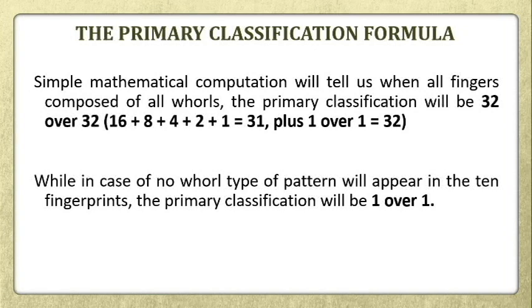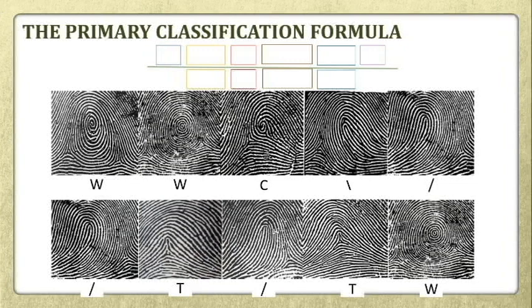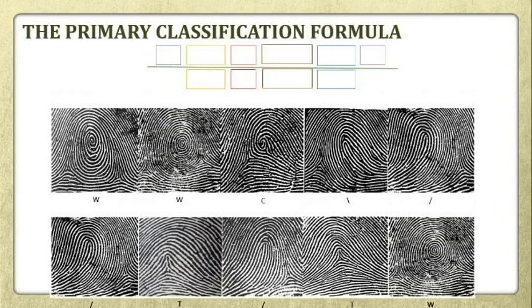However, if all 10 fingerprints that appear in your fingerprint card are whorl patterns, then your primary classification is 32 over 32. Now let us proceed to the classification of our given fingerprints.